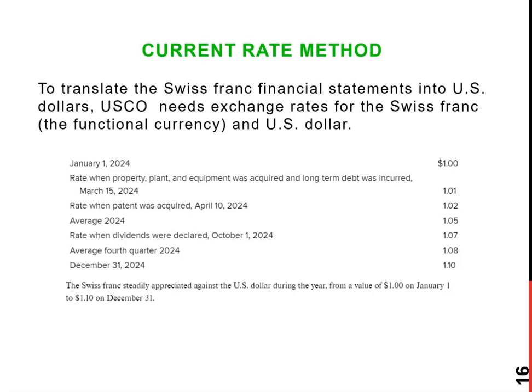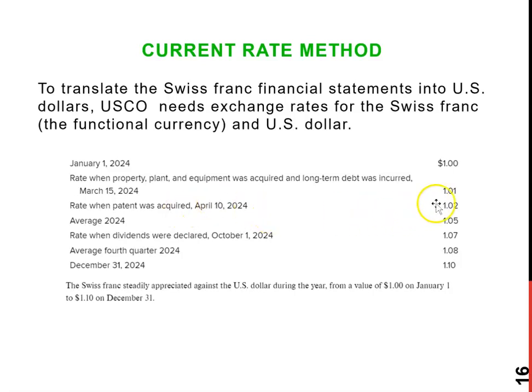These are the exchange rates given. For every problem, you will be given the exchange rates. You purchased some plant property equipment and long-term debt on March 15. Remember, for the temporal method, you may need to use historical rates. Historical rates means the rates when you purchased or first recorded those items.